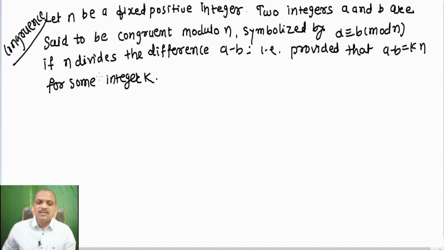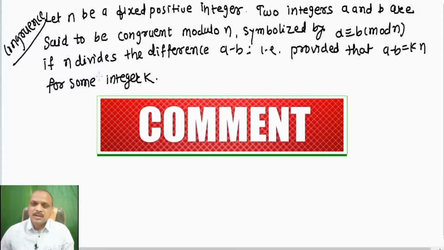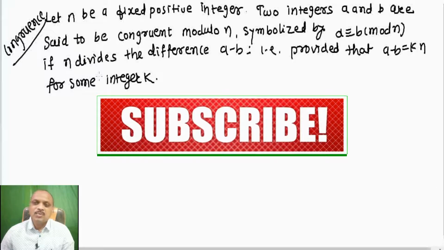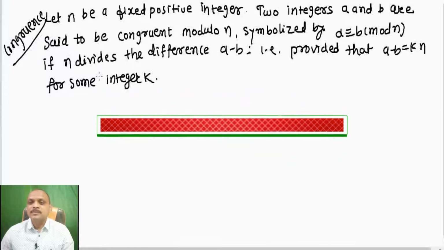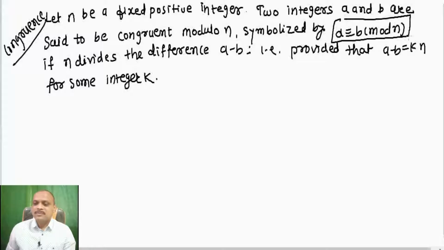The definition of congruence is: if n is a fixed positive integer, then two integers a and b are said to be congruent modulo n, and it is symbolized as a congruent to b modulo n.